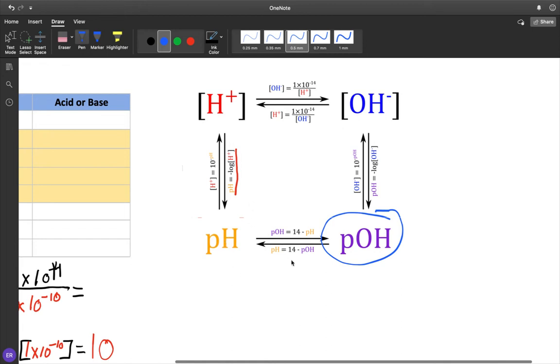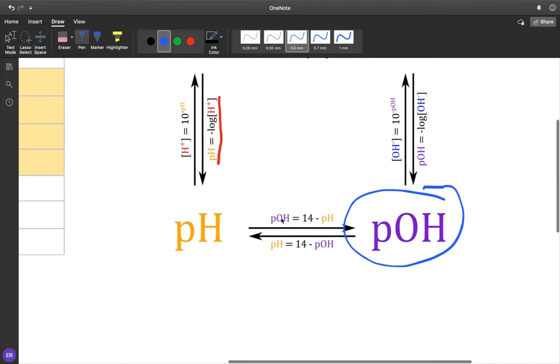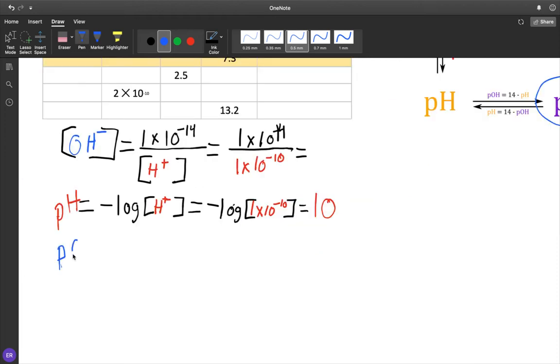If we look at the arrow that goes from pH to pOH, let's zoom in at the formula. In order to find pOH, we're just going to take 14 minus our pH.